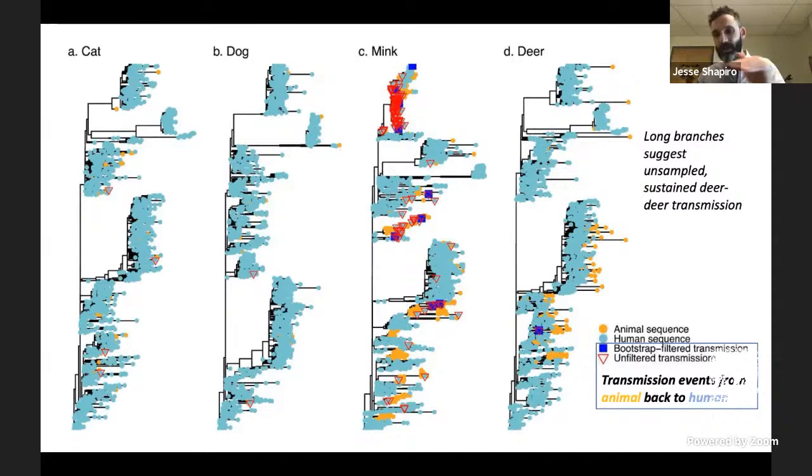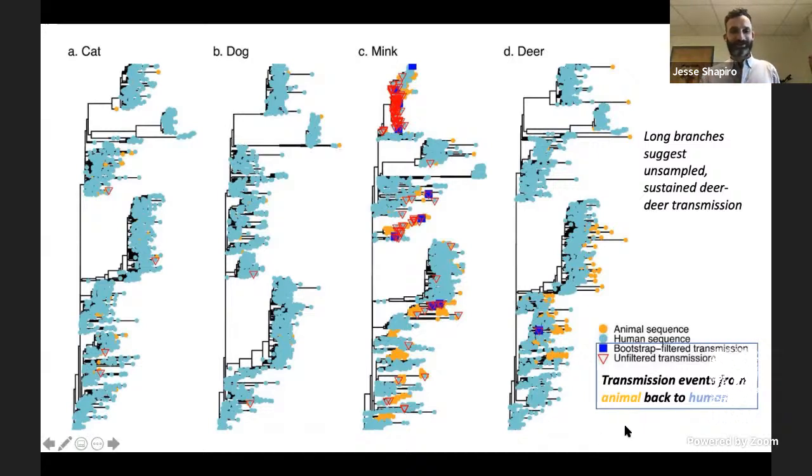So basically there's been a lot of evolution happening in these deer branches, and that implies, according to the molecular clock, that those went through multiple different hosts that we haven't sampled. It suggests there's quite a lot of deer-to-deer transmission, quite a lot of evolution is happening, but we're not sampling all the intermediate steps.